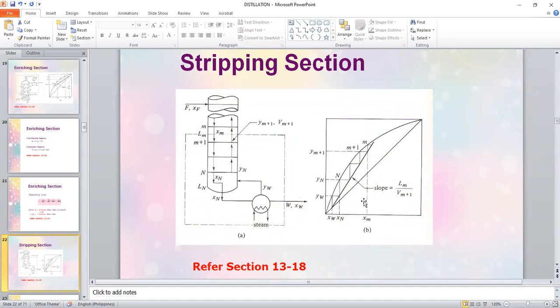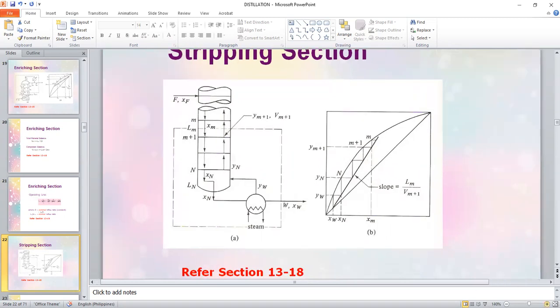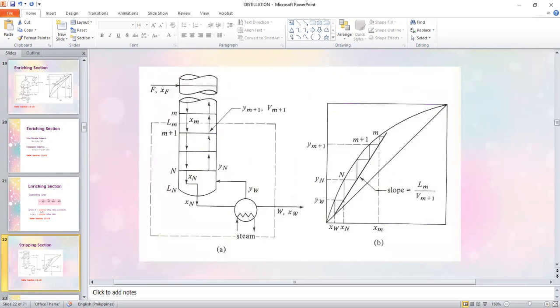Now, in here, you could see that the stripping section operating line was already drawn. The enriching section operating line was not drawn. That way, you will understand that you will be able rather to focus on the stripping section operating line only. So just like the way we've started with enriching section operating line, you need the mole fraction of the bottom's liquid to start with.